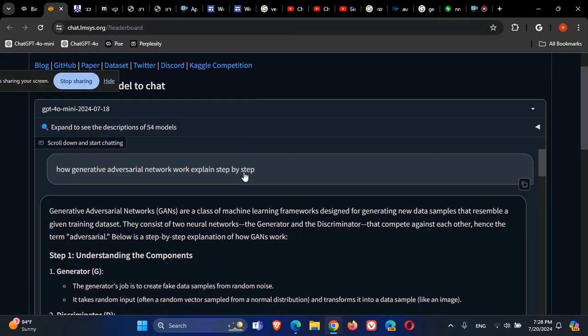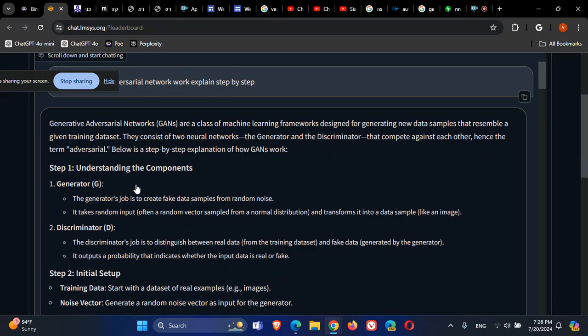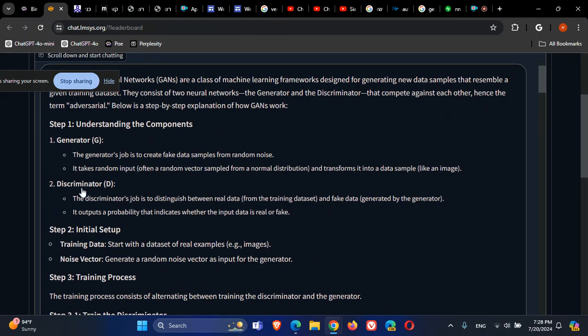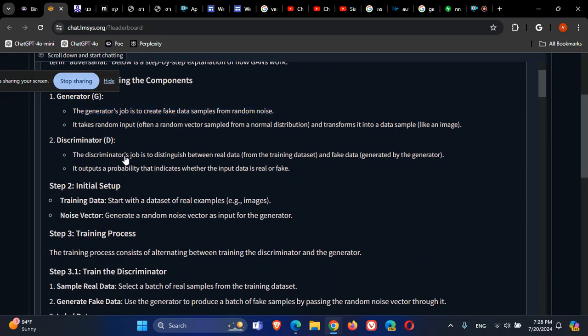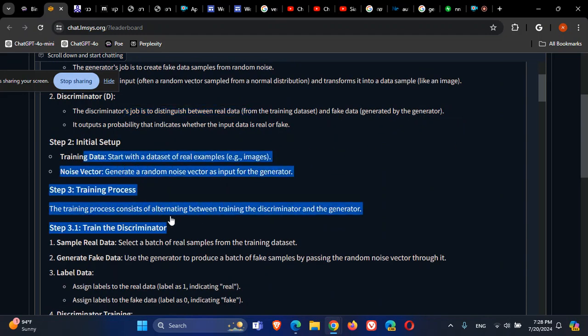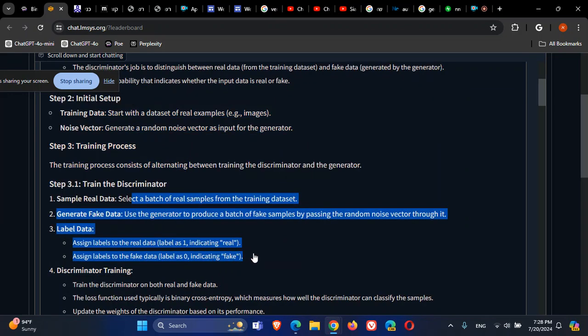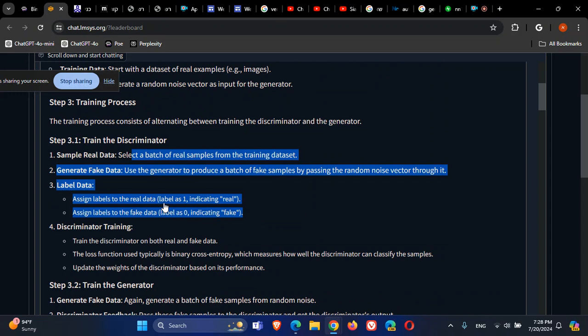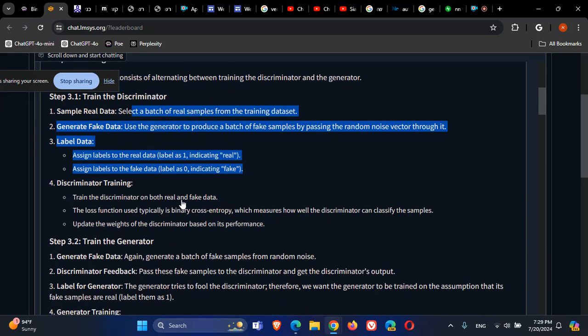And if you want to look at it written here: generator, discriminator. The generator needs to fake data, the discriminator needs to differentiate between real and fake. Start with training: train the discriminator, training on the fake, training on the real. Tell it which of the data is real, which is fake, train it on it, tell it how to discriminate.